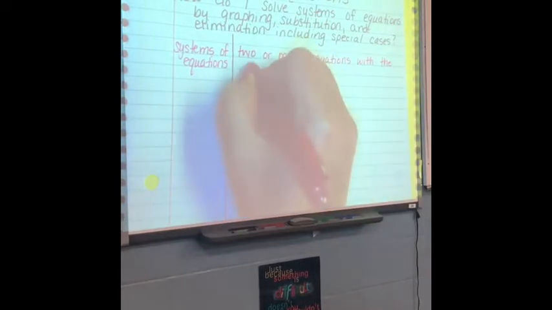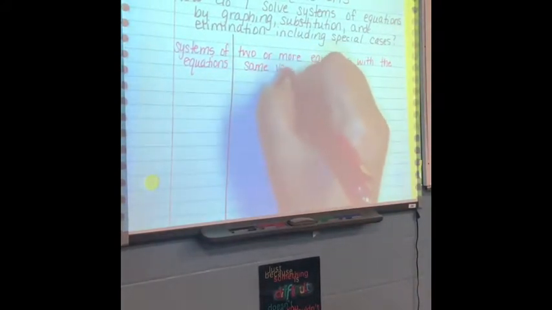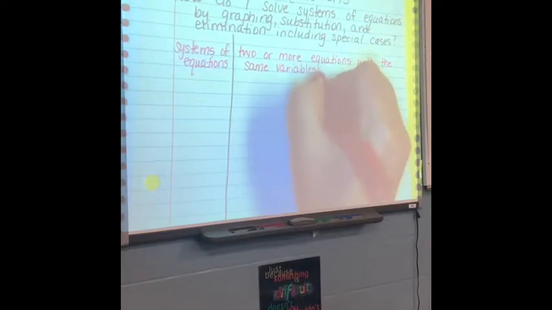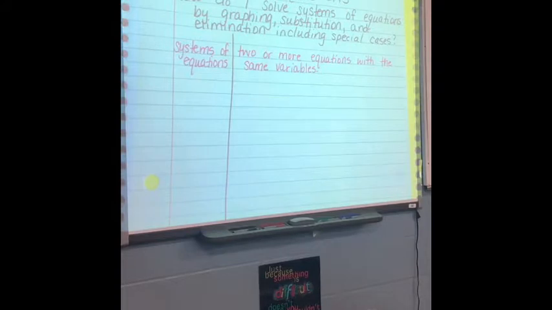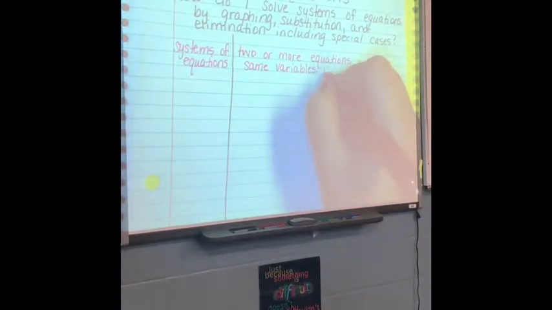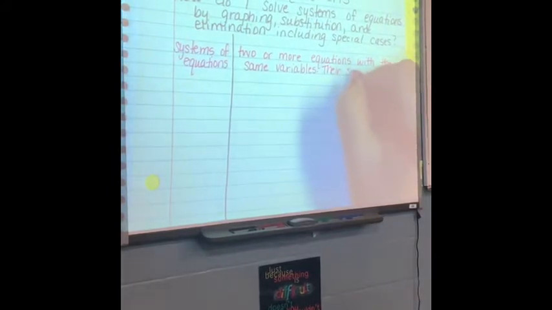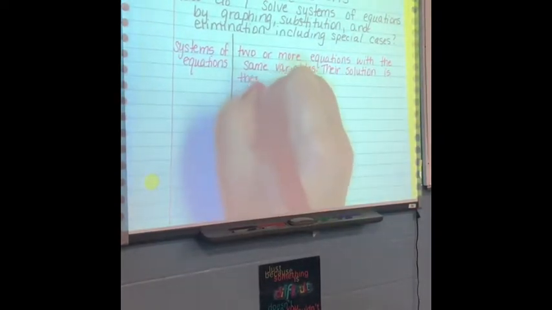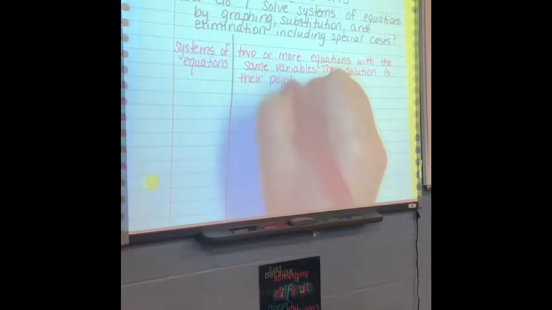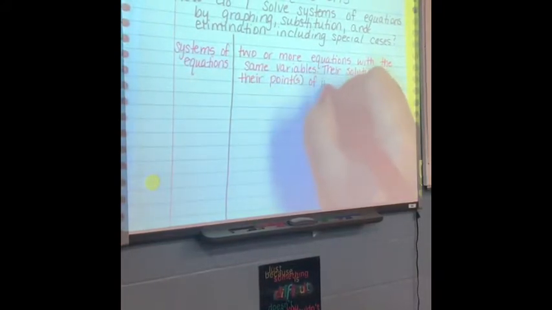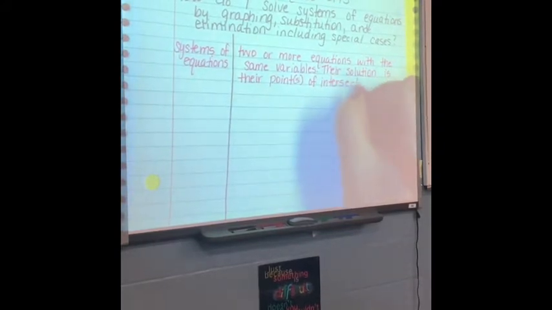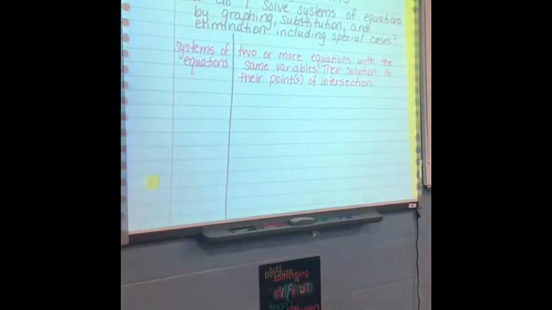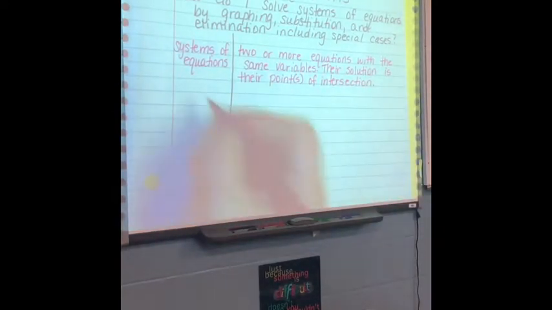And they're going to have the same variables. Also, important part about systems of equations is their solution is their point of intersection, their point or points of intersection. So we'll look first at the graphing.